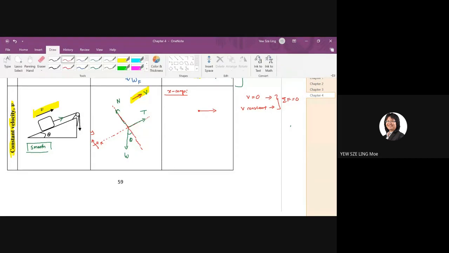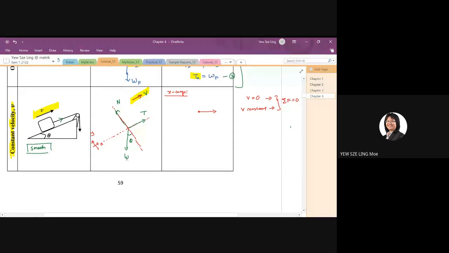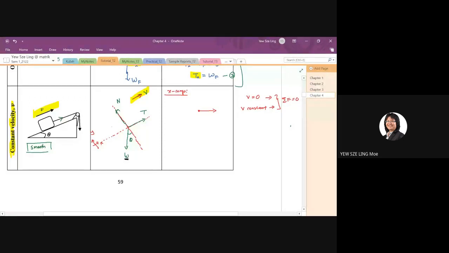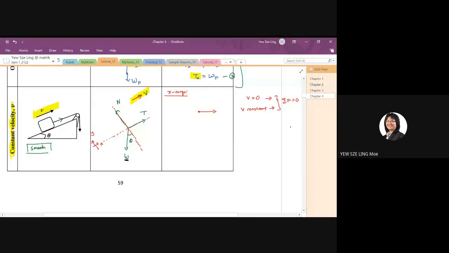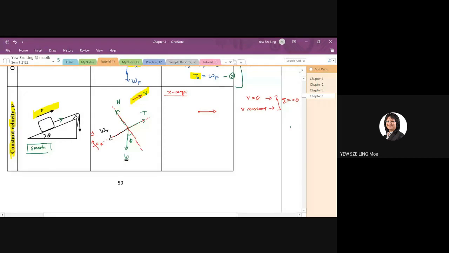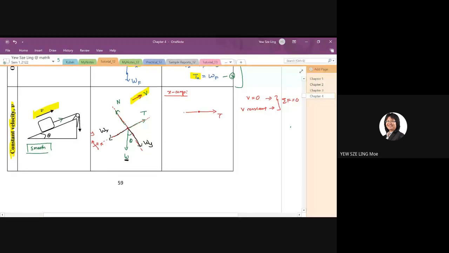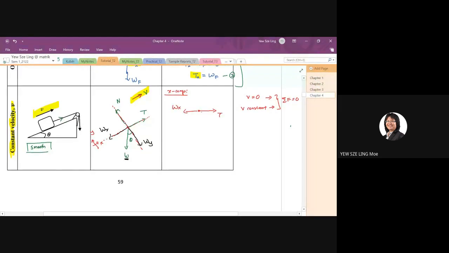The force that I need to resolve is W, because W is lying in between the X and Y components. So I'm going to use a pencil to sketch it. This would be my Wx, and here would be my Wy. So I have a tension going to the right, and Wx going to the left. This is the free body diagram for the x component.